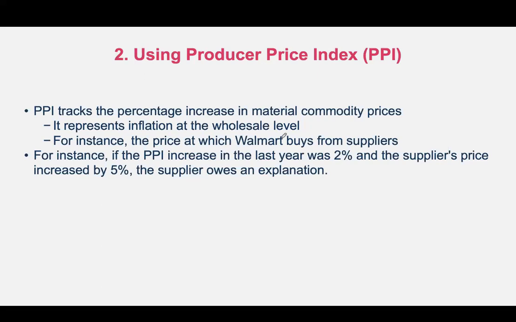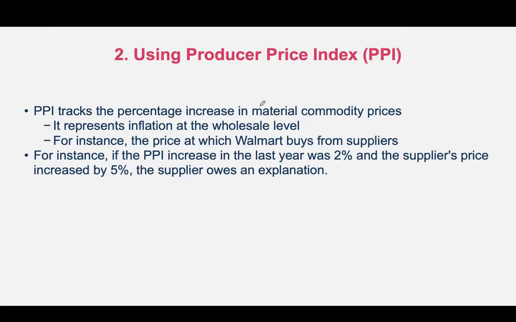A supplier may increase prices. In some cases, it may be justified. In other cases, it may not be justified. How do we determine if this price increase is justified or not, and how much increase would be justified? This PPI, the producer price index, tells us if this increase is justified or not.